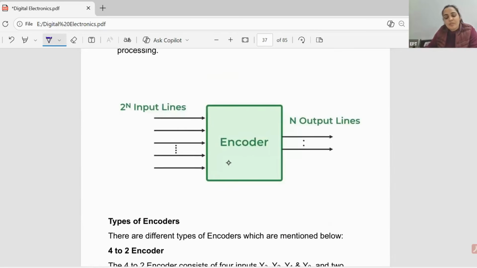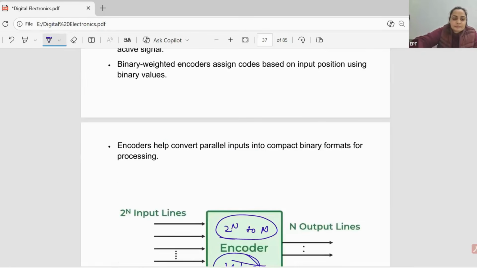Okay, the circuit diagram of encoder is 2 raised to power n to n, okay. 2 raised to power n to n. So if the value of n is 2, then this is going to be a 4 to 2 encoder, okay.